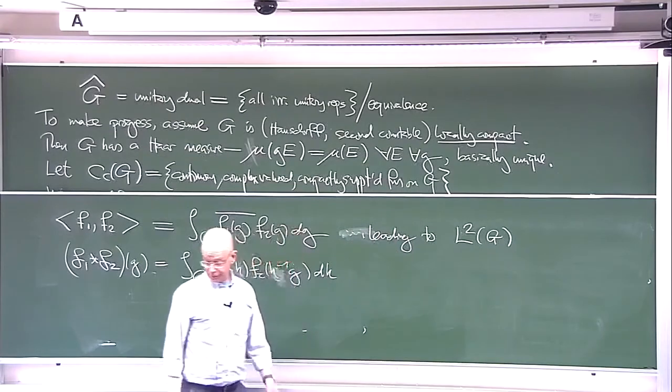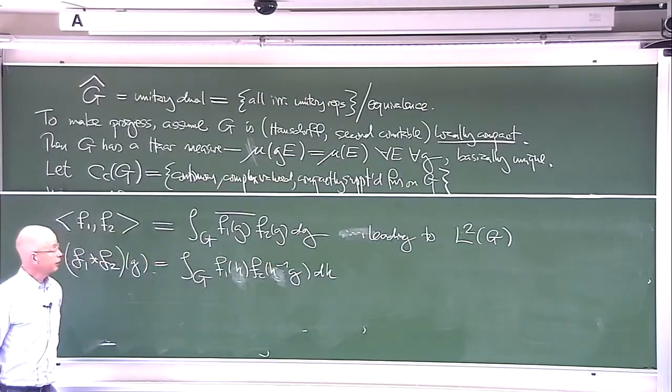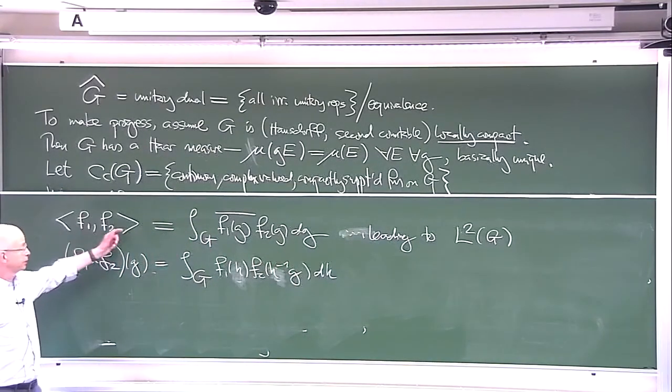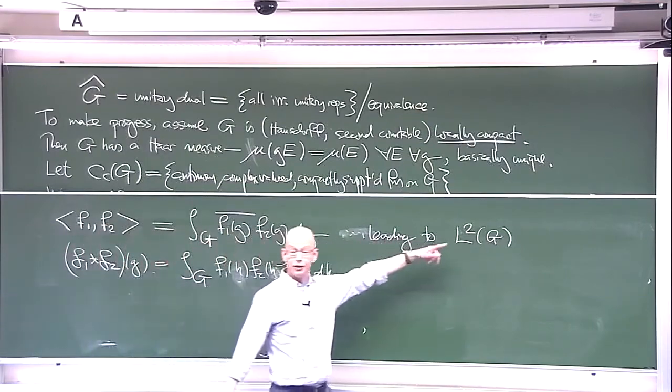If we complete the continuous compactly supported functions in the norm associated to this inner product, of course we get L2 of G, a Hilbert space.